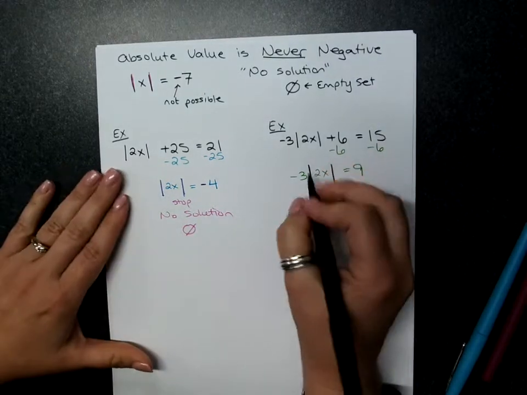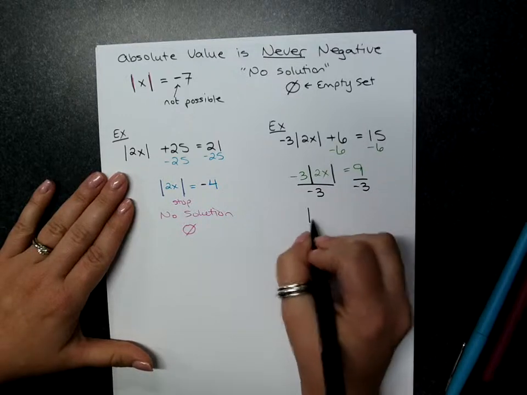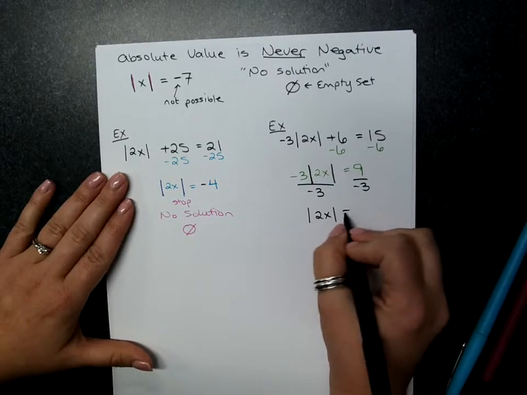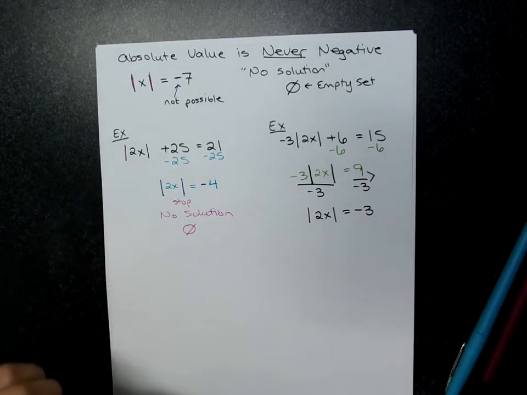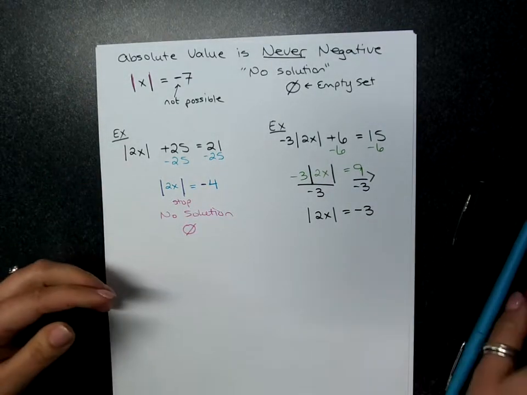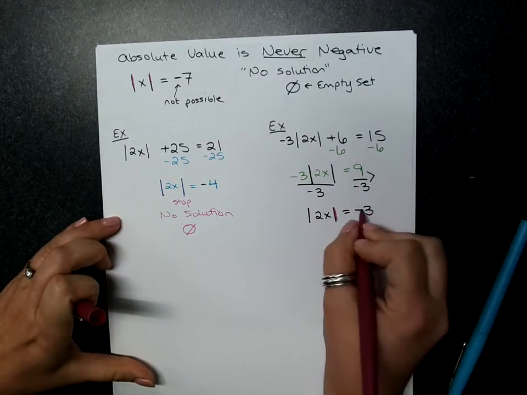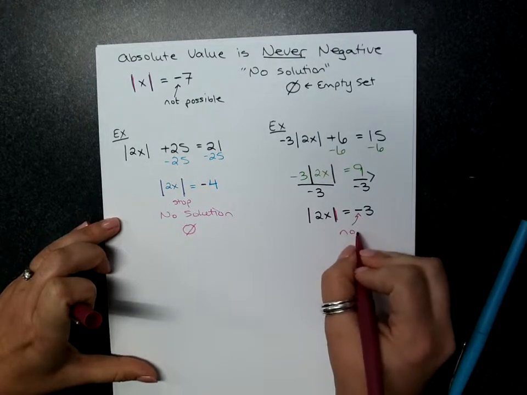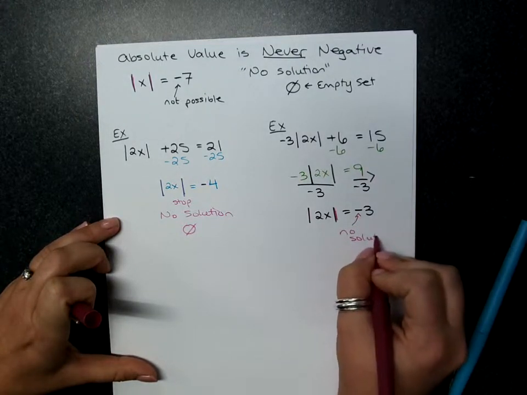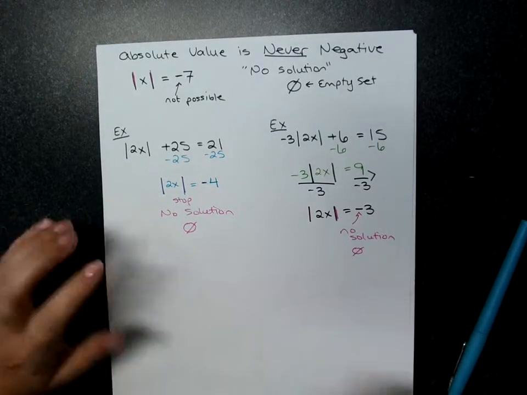However, when we go to divide by negative 3, the absolute value of 2x, positive 9 divided by negative 3 makes a negative, and that's when we have a problem. So once again, we have the absolute value of something trying to equal a negative number. That's a problem. Then there's no solution or empty set. So I just wanted to show you a couple of those.